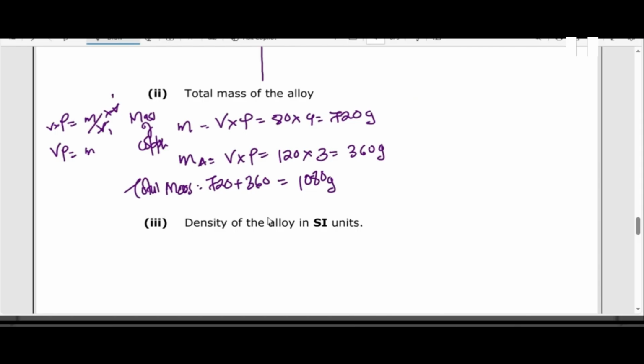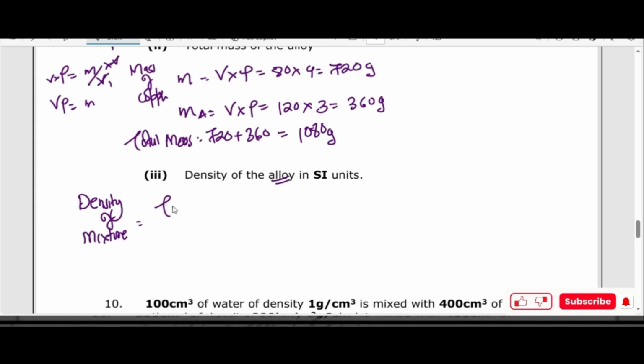So if you add the two of them, this is the mass of aluminium. Then you add them together.